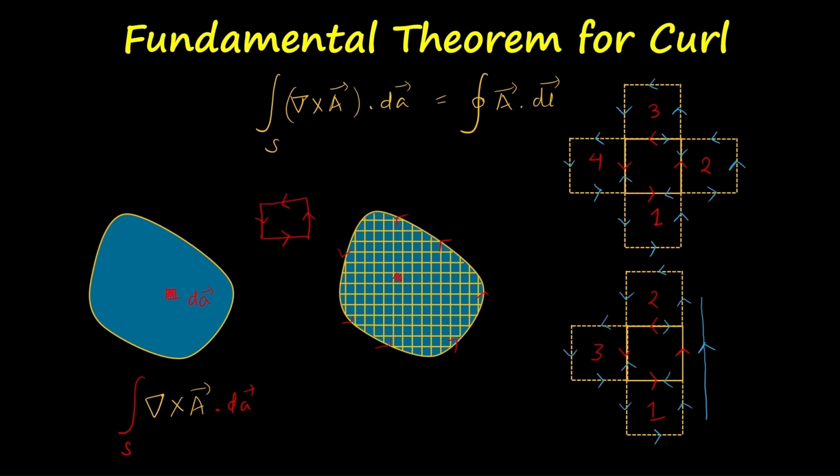What is this? This is nothing but the integral of the A vector along the boundary lines, along the path which is enclosing the surface. So these two expressions carry the same information, and that is what the fundamental theorem of curl is about.